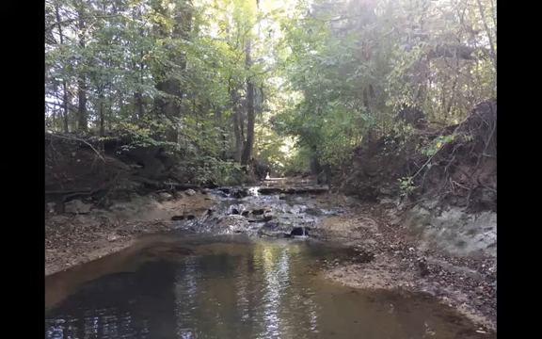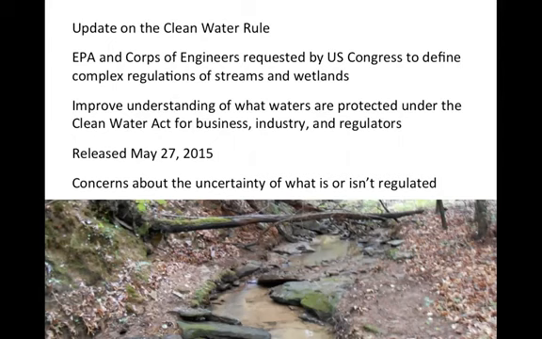Back in 2015, a report was released that had been requested by the United States Congress to have the United States Environmental Protection Agency and Army Corps of Engineers define and describe the rules associated with what is a stream, what is a wetland, and what is required if there is an impact, or what is part of an exemption.